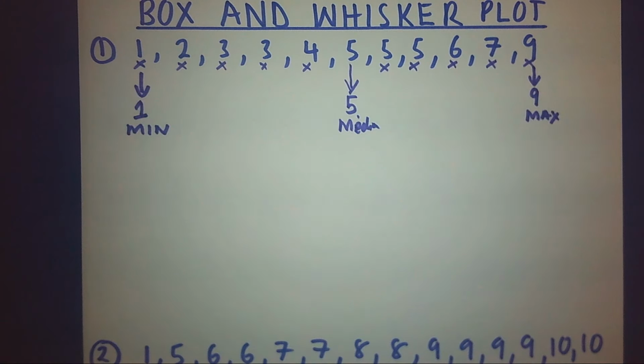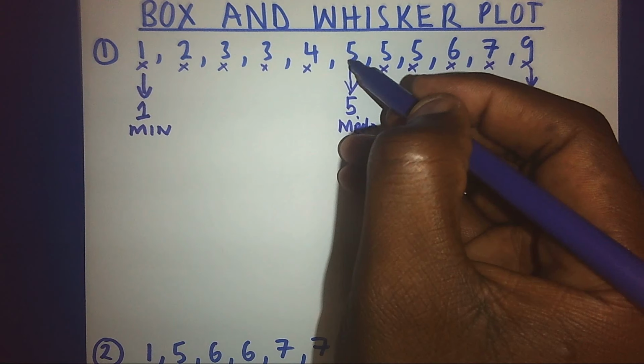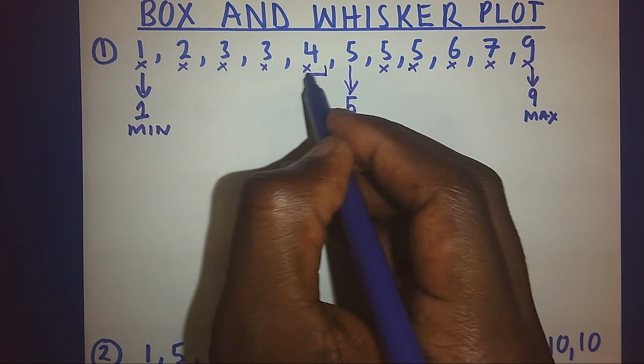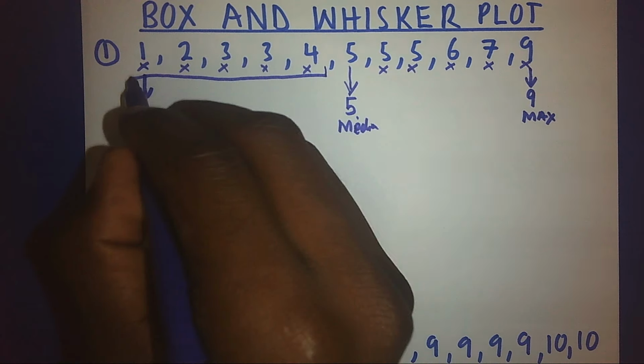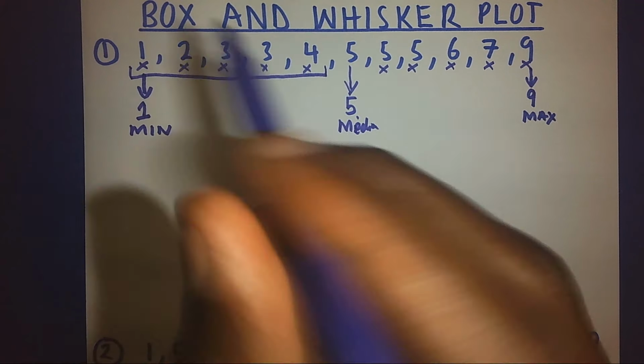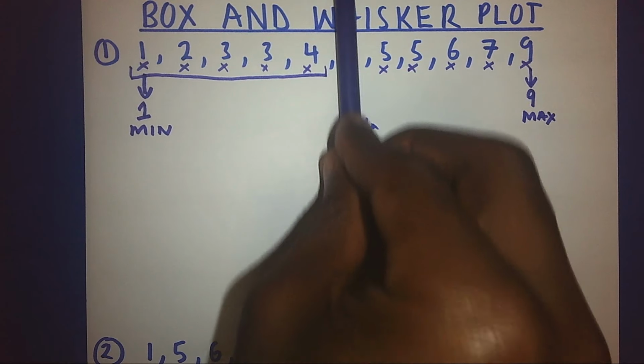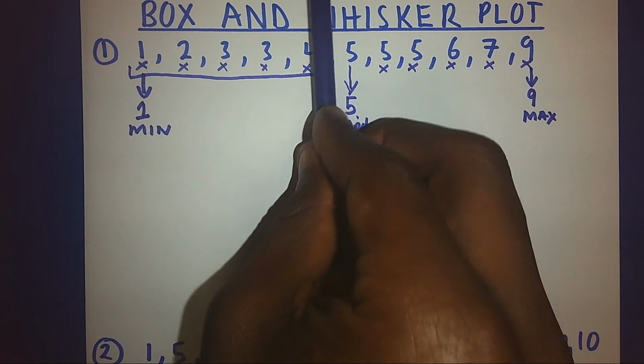Now, after getting our middle data, we shall use all the other remaining data to find the lower quartile. Remember, if this is the median, means all this is the lower half.